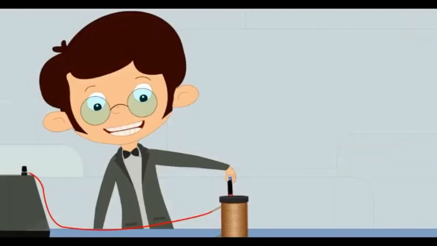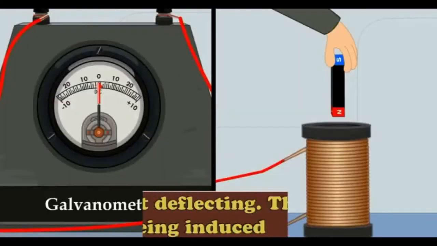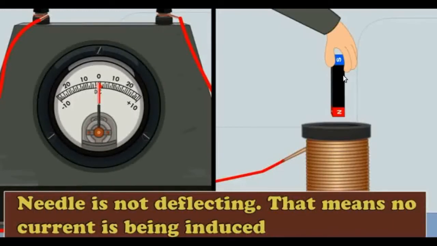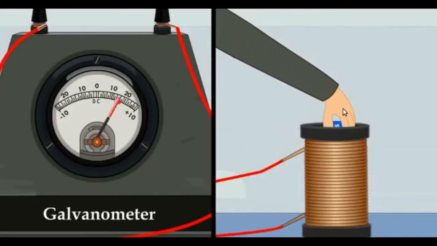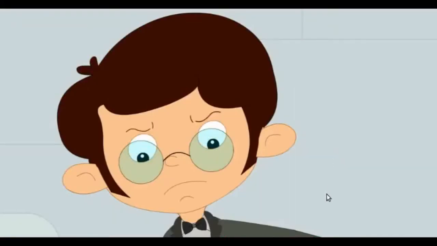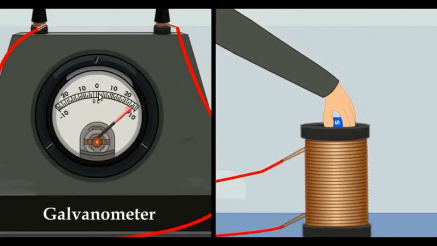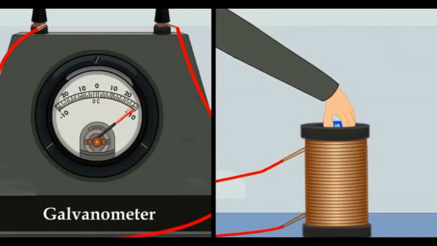We are taking this bar magnet and inserting it into the coil. When the bar magnet is being inserted into the coil, you can see there is a deflection in the galvanometer.